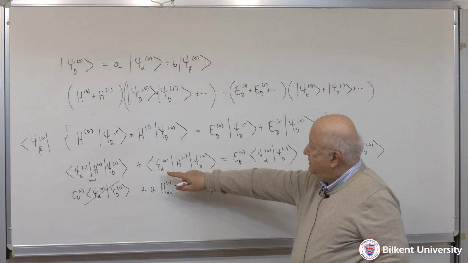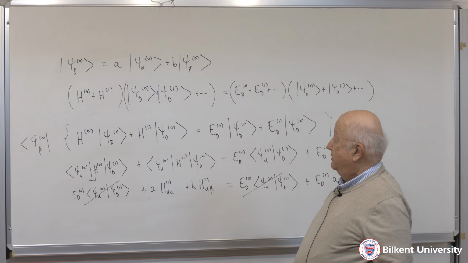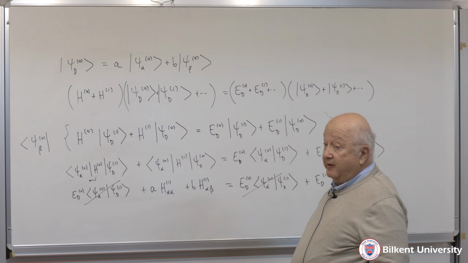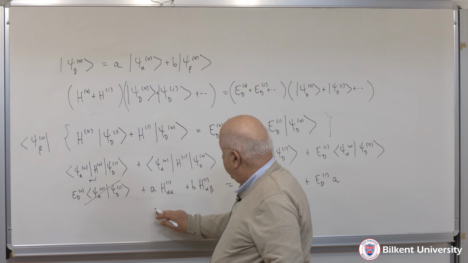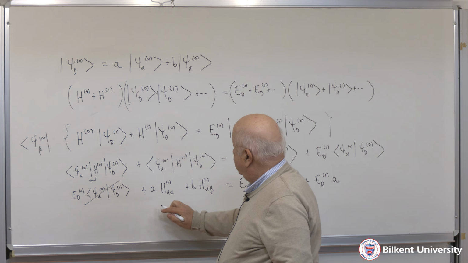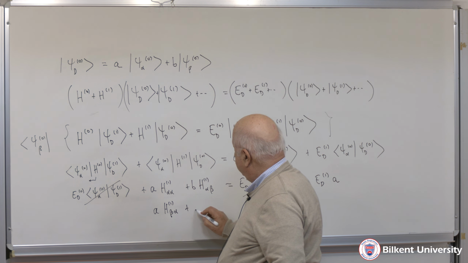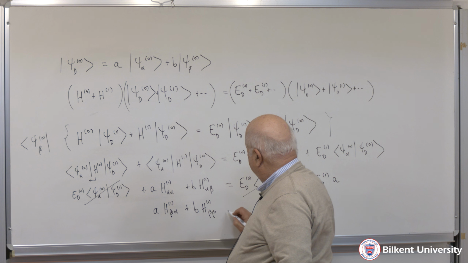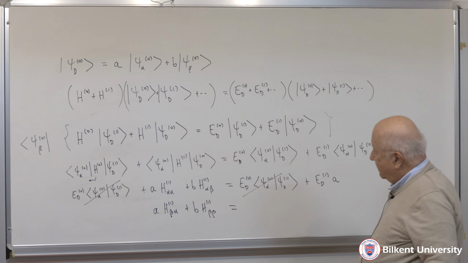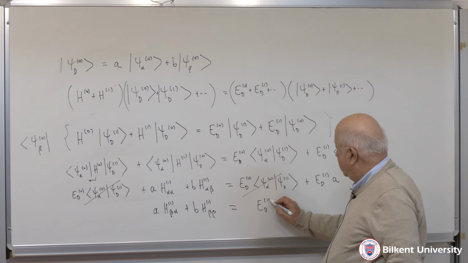If I replace psi alpha here with psi beta, what do I get? This one, beta alpha. What do I have here? a H1 beta alpha plus b H1 beta beta equals E d1 b.